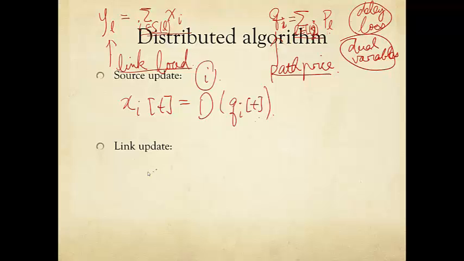So if you are source I, just look at your total path price, and that is the price you have to pay, and put it into your demand function. That should be your source rate.